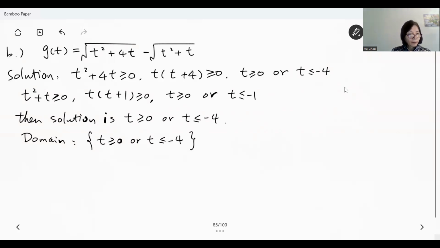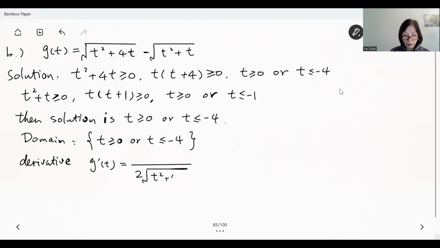Right. And next, we want to find the behavior and the critical numbers, right? So we have to find the derivative. The derivative equals: for the first term, the numerator is the derivative of the inside function, and the denominator is 2 times the square root of t squared plus 4t, right?